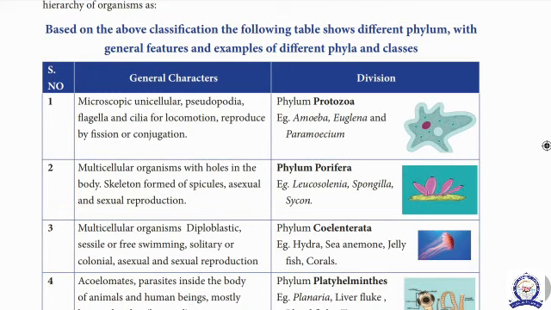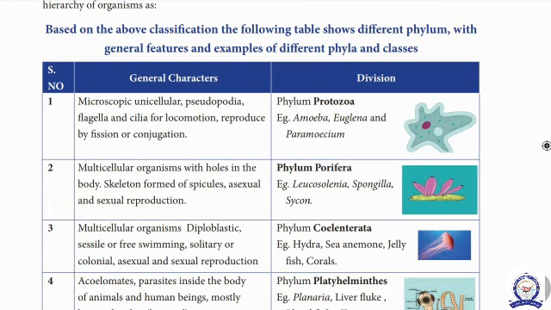Now we are going to discuss the general characters, or general features, of invertebrata. The invertebrata are divided into 9 phyla. All the organisms are classified, identified and given a name.